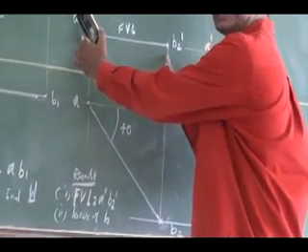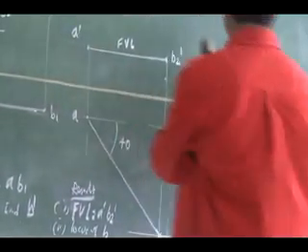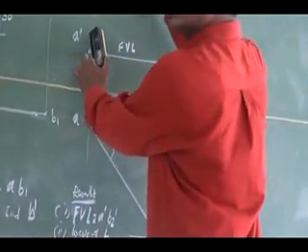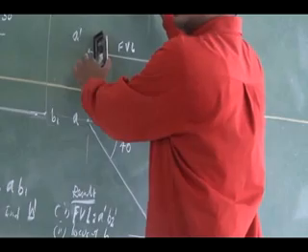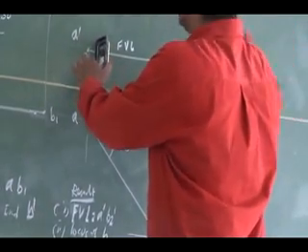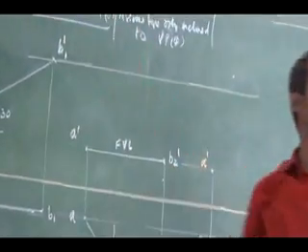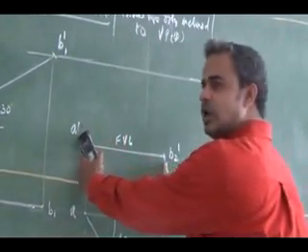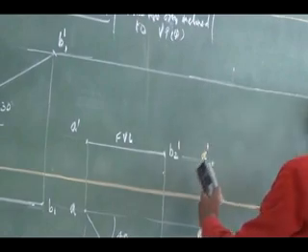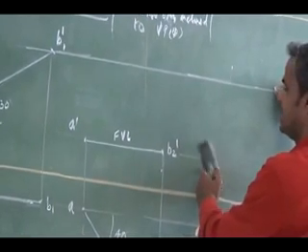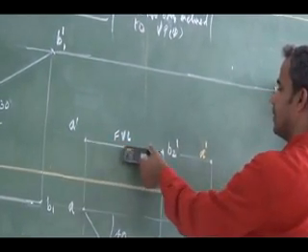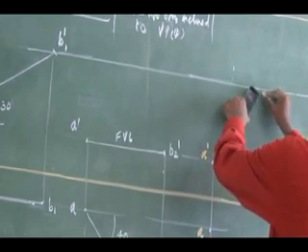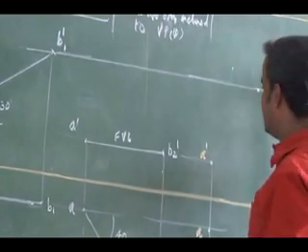I can measure this and rotate it to the locus of B dash. Wherever it intersects, that is nothing but my front view. So I can measure the front view length and cut it on the locus.